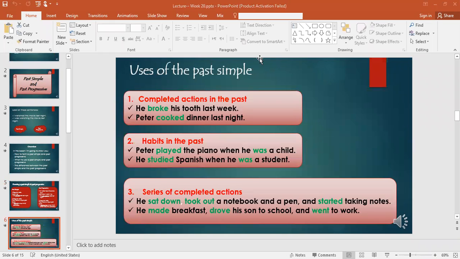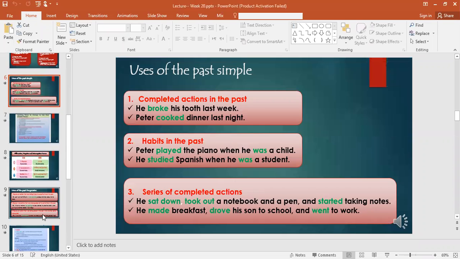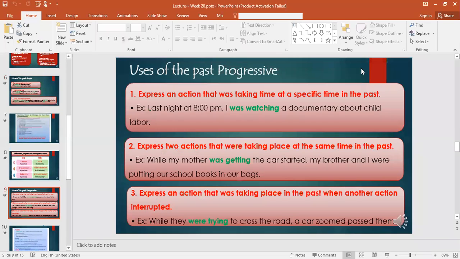Let's now go to the uses of the past progressive. Let's read the sentence in number 1 before talking about the rule.